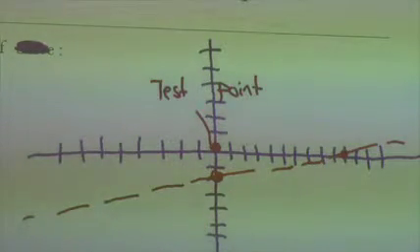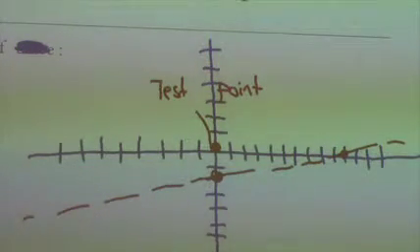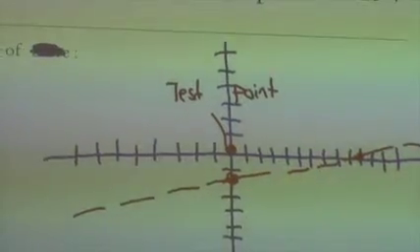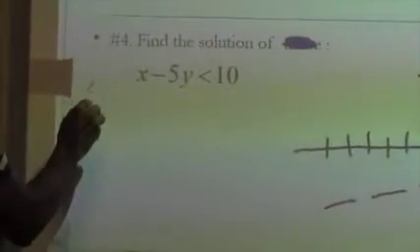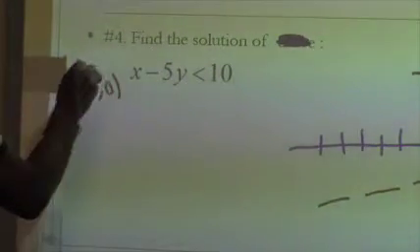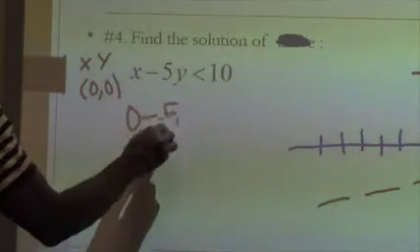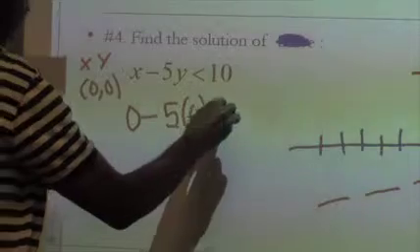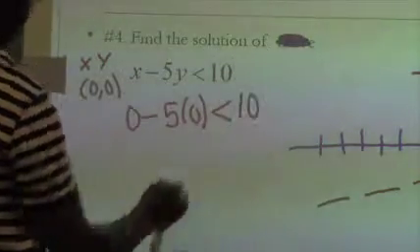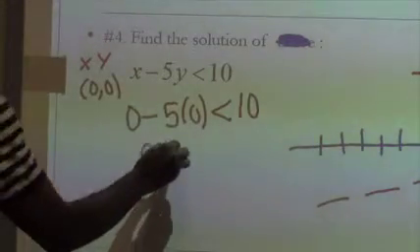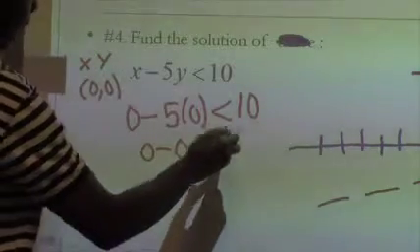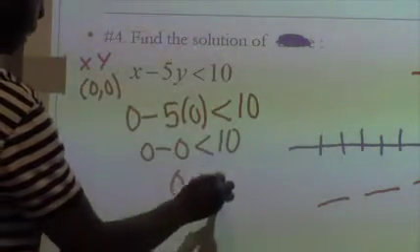For clarity purposes, I'm going to clean here and clearly show you what we need to do to check. We are using 0, 0, which means x is 0, y is 0. So I'm doing 0 minus 5 times 0, and I want to see whether this result is going to be less than 10. That's 0 minus 0 is less than 10, so I have 0 is less than 10.